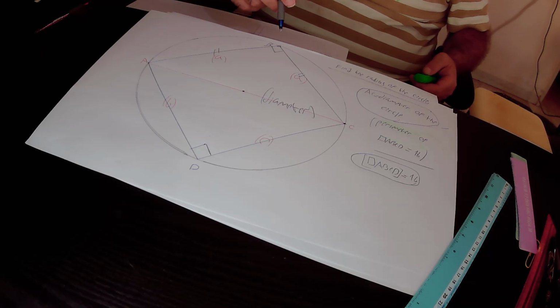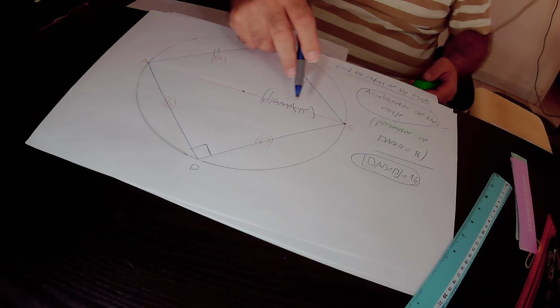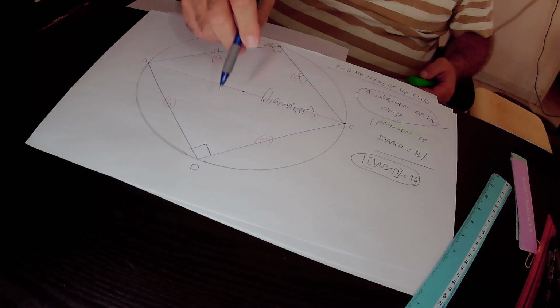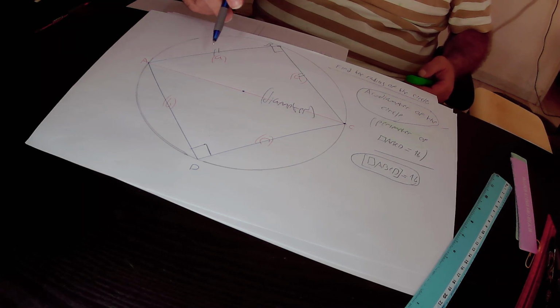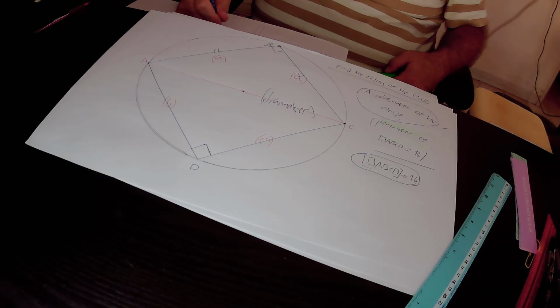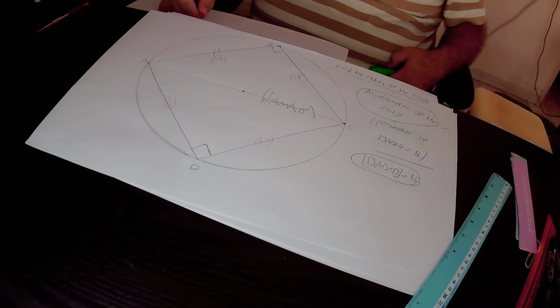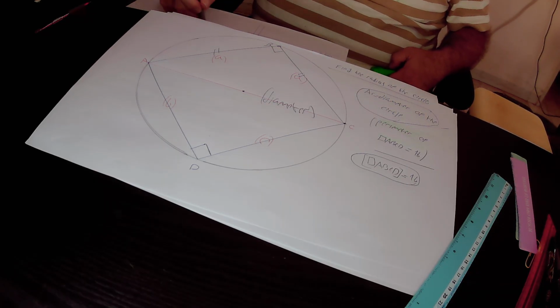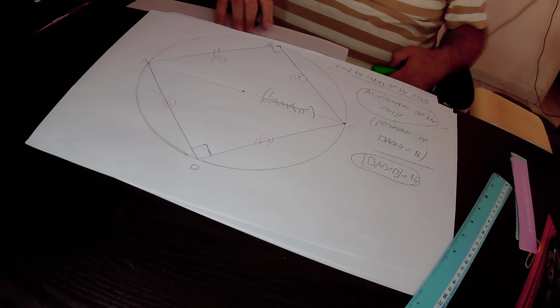AB is A, BC is A, AD is B, and CD is C. So the sum of the side lengths of this quadrilateral ABCD equals A plus A, that is 2A, plus B plus C. So in total, 2A plus B plus C equals the perimeter of this quadrilateral ABCD, which is 18 units in its length according to what is given in the question.